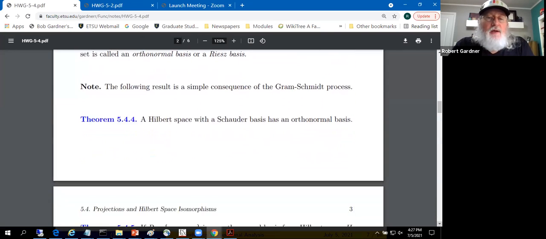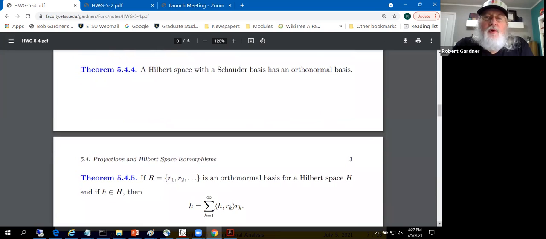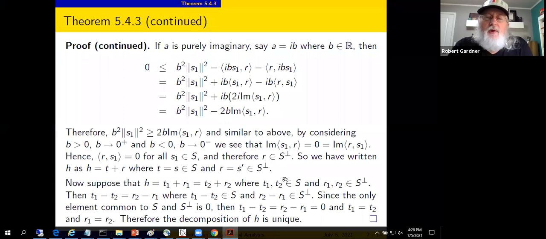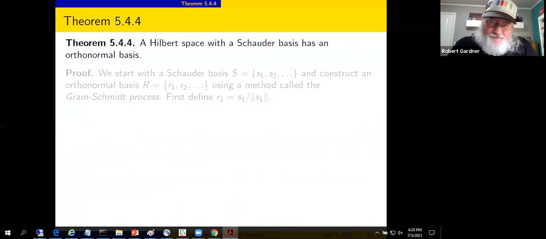Theorem 5.4.4 is probably pretty familiar to you from sophomore linear algebra. It says a Hilbert space with a Schauder basis has an orthonormal basis. So you can take that Schauder basis and convert it into an orthonormal basis. How so? The Gram-Schmidt process does that. You do the Gram-Schmidt process in Rn, and you convert an ugly basis into a pretty orthonormal basis.